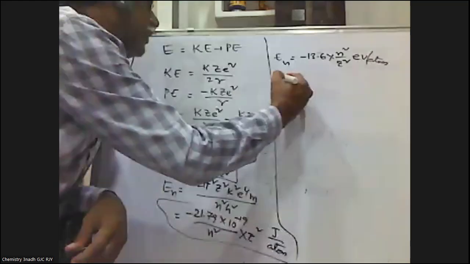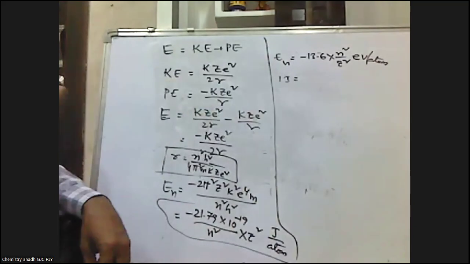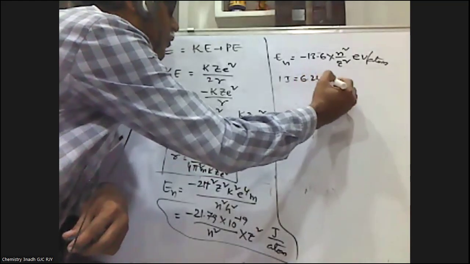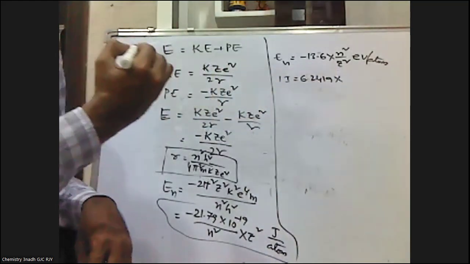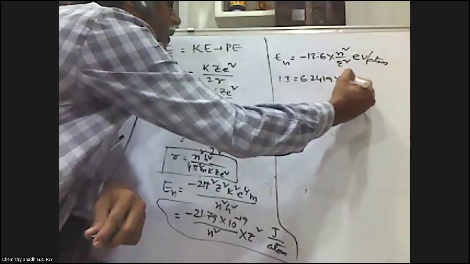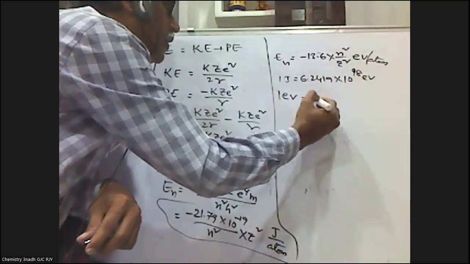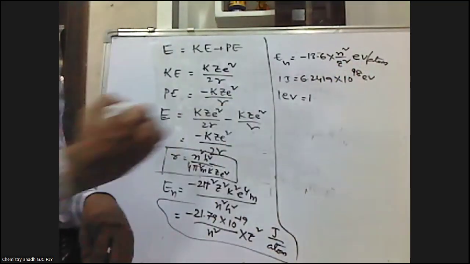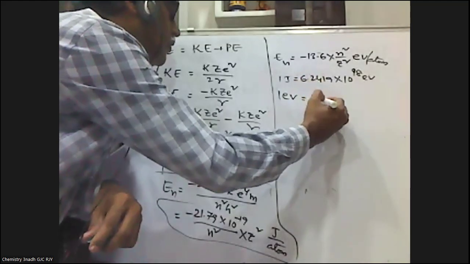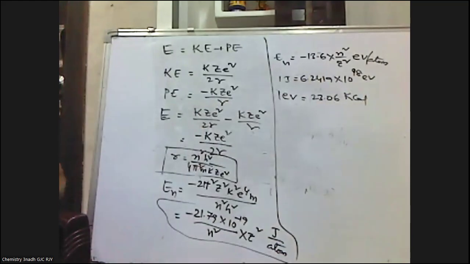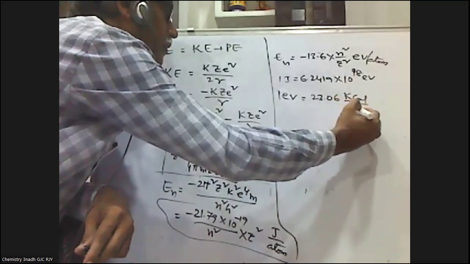So please remember 1 joule is equal to 6.2419 into 10 to the power of 18 electron volts. Similarly, 1 electron volt is equal to 23.06 kilocalories per mole.